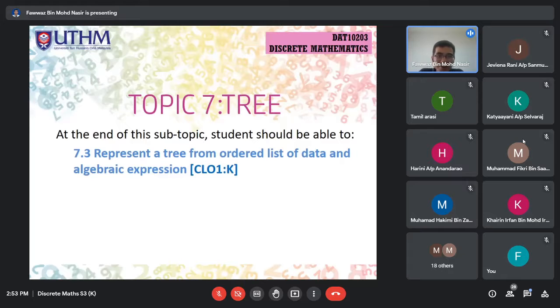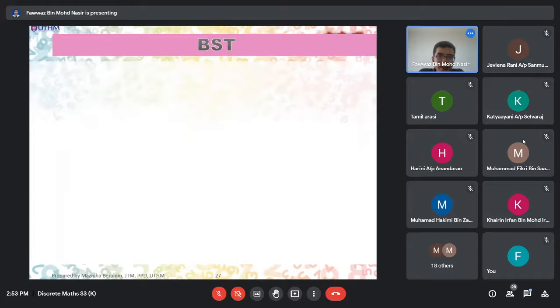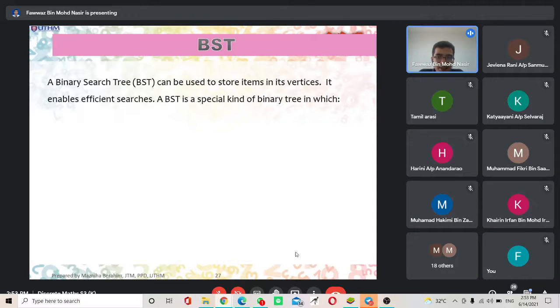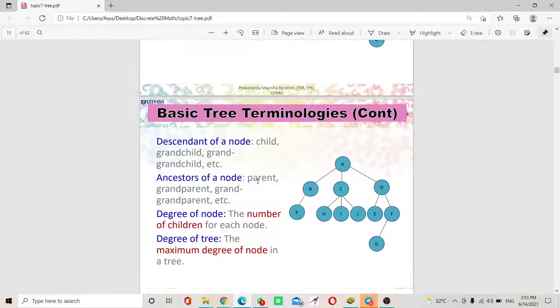Okay, jadi kita continue to our third subtopic, to represent a tree from the ordered list of data and algebraic expression. Okay, so kita tengok dalam slide lepas sebelum ni. Okay, the binary search tree or BST enables efficient search.